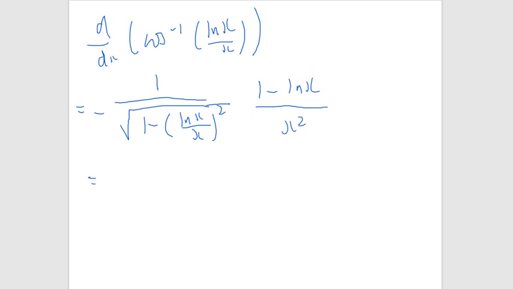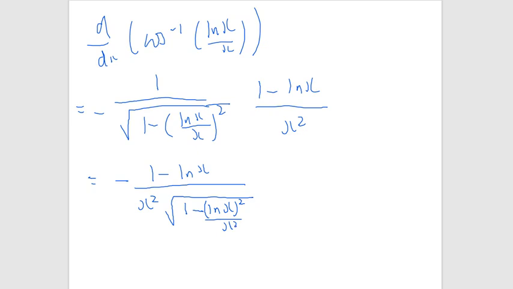So we can write it as minus 1 minus ln x over x squared, then square root of 1 minus ln x whole thing squared divided by x squared. You can simplify this.